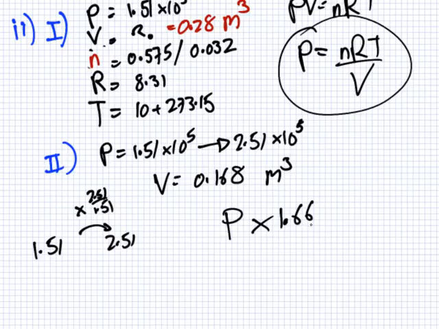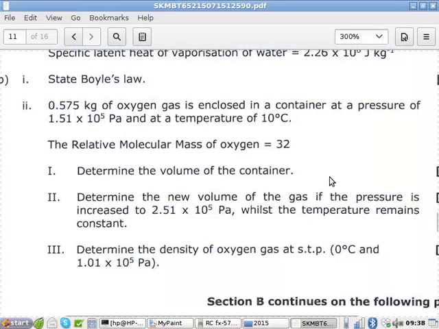So there is a law that says pressure and volume are inversely related. In fact, that was the very first law, Boyle's law. So if the pressure increases by this much, then the volume should decrease by the same amount. A decrease means you multiply by 1.51 over 2.51, or in other words, multiply by 1 over 1.66. So we should get the exact same answer.